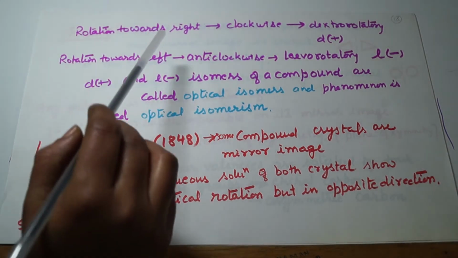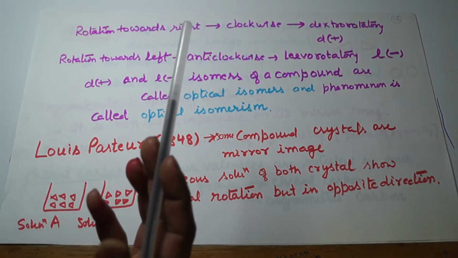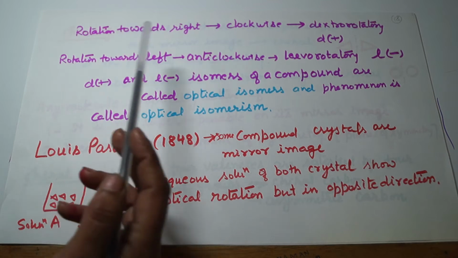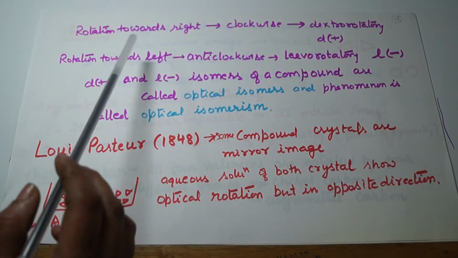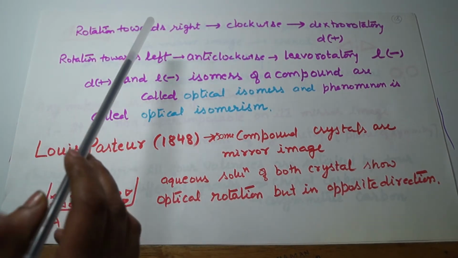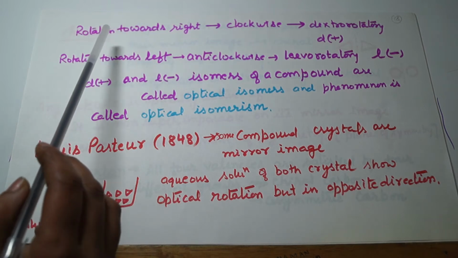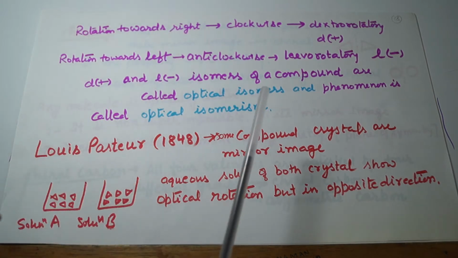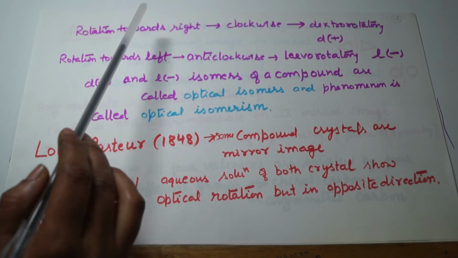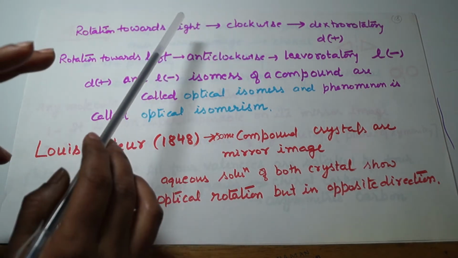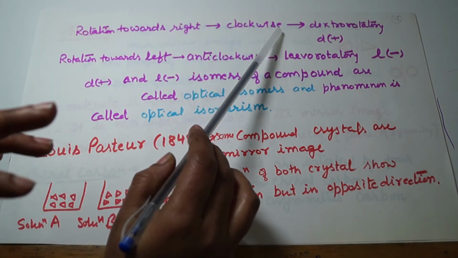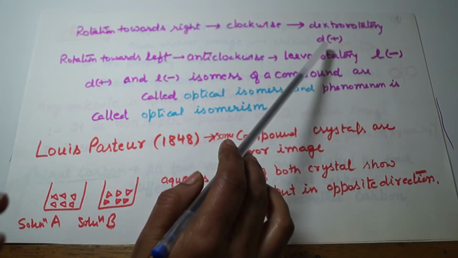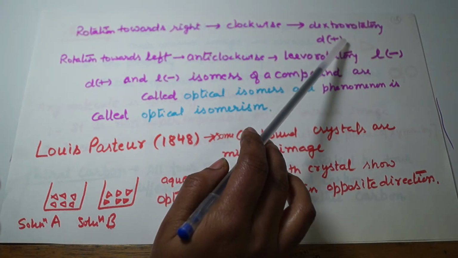As I was telling you, when we pass PPL, plane polarized light, through a compound solution, if it is an optically active compound, it can rotate the plane polarized light towards the right or left. If it rotates the plane clockwise, it is known as dextrorotatory, denoted by D or a plus sign.